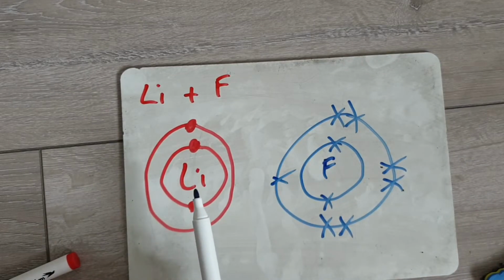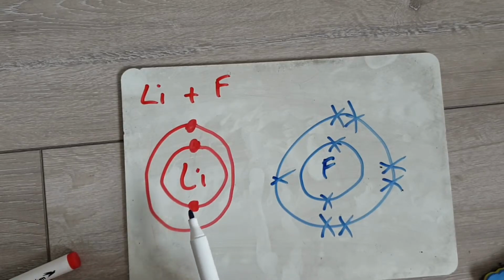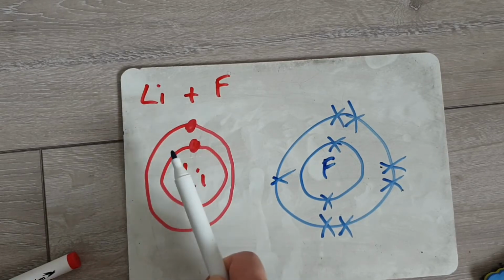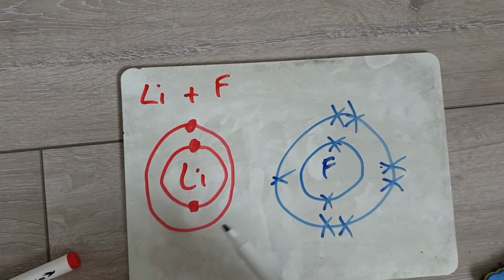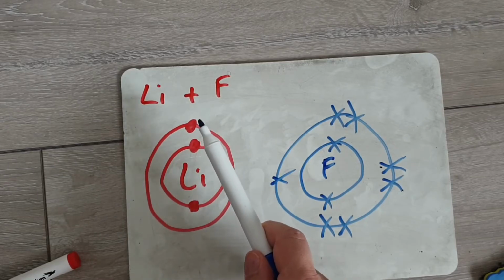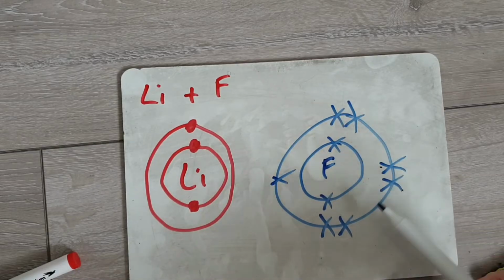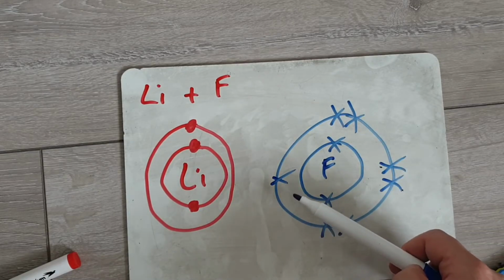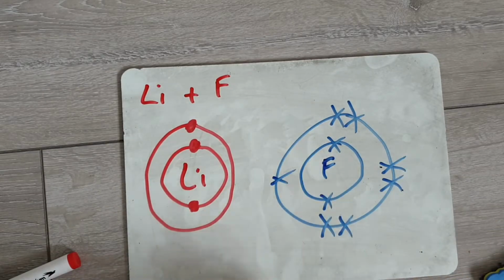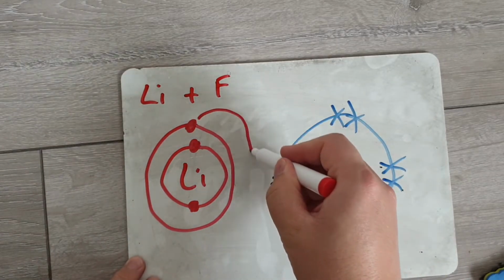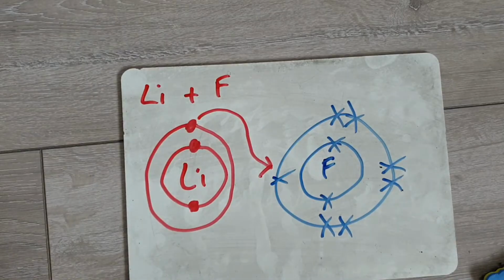Now lithium's got 2 options. It can either get 7 more on its outer shell to make it have 8, which is quite difficult, or it can just kick out 1 electron and then it would have a full shell. Fluorine can either lose 7, which is quite difficult to do, or it can gain 1. And that's exactly what happens. So this electron here goes to there.